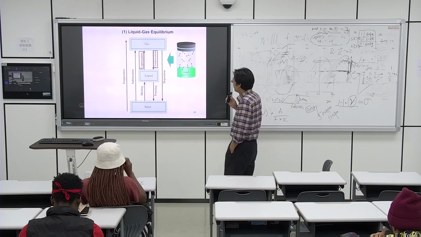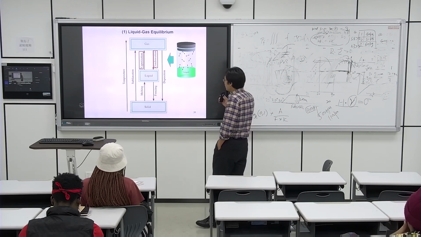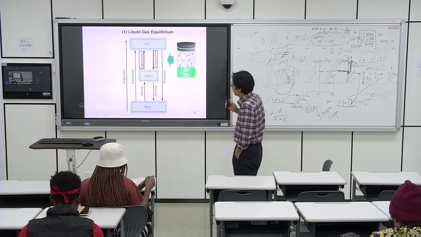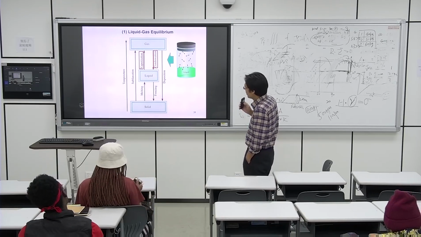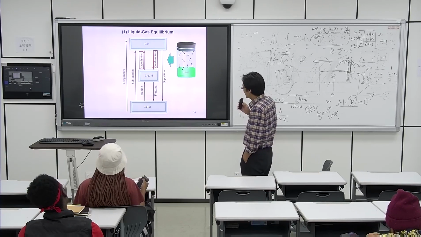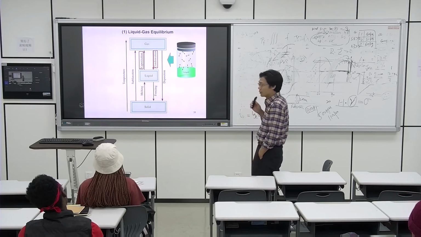For example, if the gas changes to liquid, we call it condensation, and if liquid changes to gas, it's evaporation. And also the liquid changes to solid is called freezing, and the solid changes to liquid is called melting.